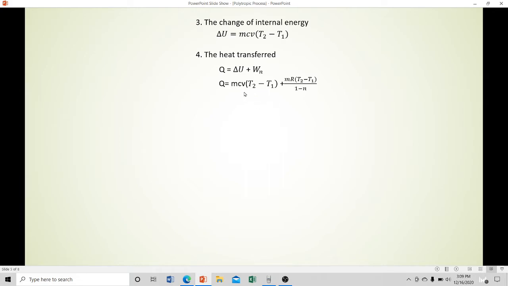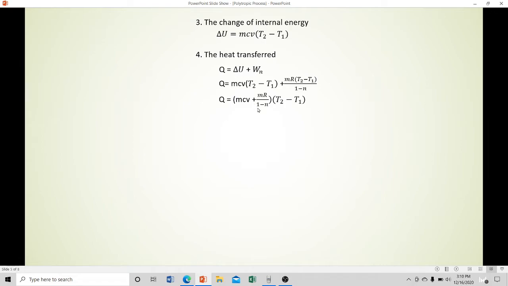As we observe, T2 minus T1 is a common factor for this equation. So we have mCv plus mR over 1 minus n, times T2 minus T1.